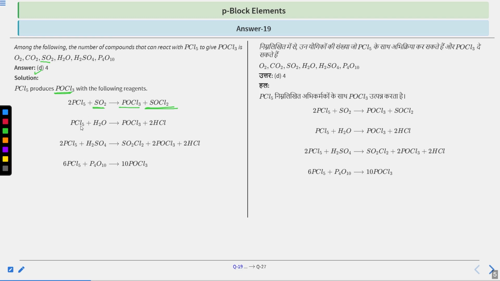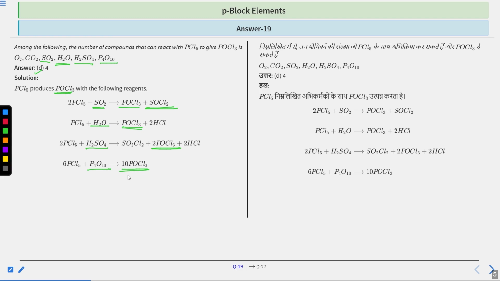The second one is PCl5 reacting with water, H2O. It also gives POCl3 as a product plus 2 HCl. In the third reaction, PCl5 reacts with H2SO4 and also produces POCl3 on the product side. The last reaction is PCl5 plus P4O10, which also produces 10 molecules of POCl3.